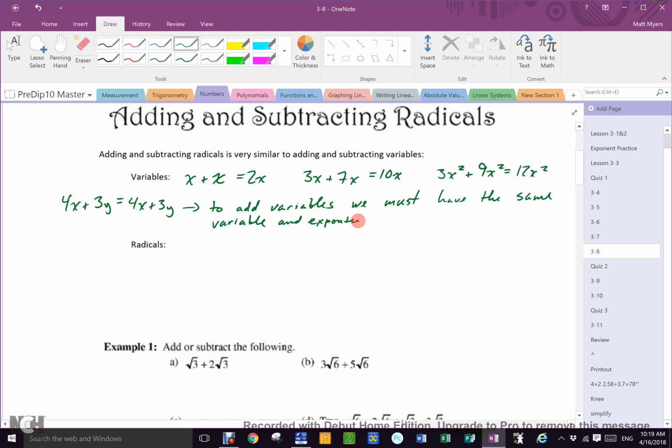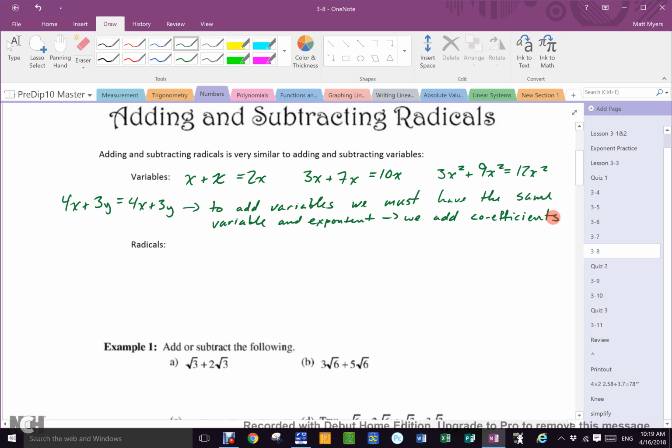And then what do we do? We add what part of it? What did I add here? A coefficient. Right. We add the coefficients.